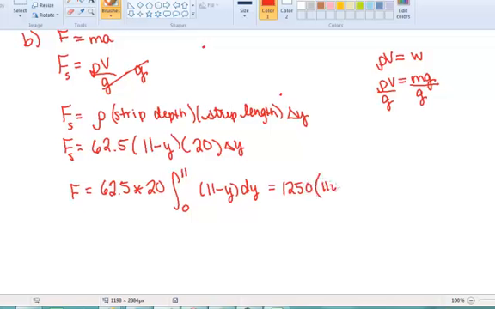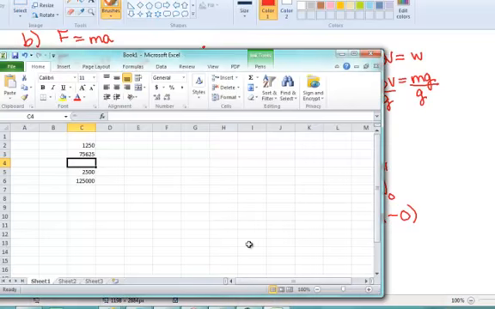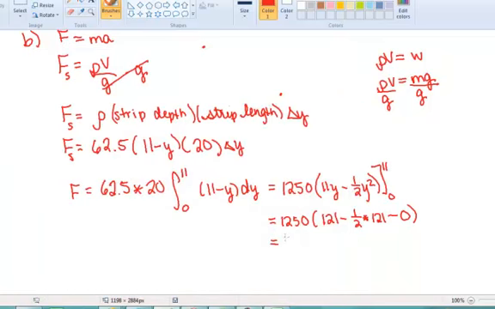And then we'd have 11y minus 1/2 y squared, going from 0 to 11. So we just have 11 squared, which is 121, minus 1/2 times 121, minus, and when we plug in 0, we get 0. And so you can just do this on your calculator, and I get 75625. And that would be in pounds.